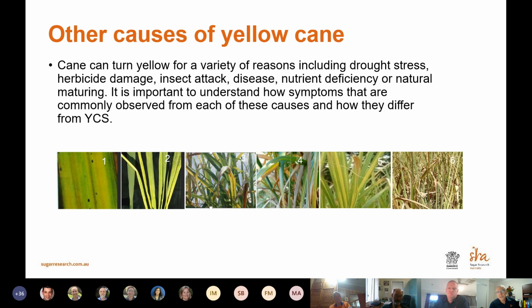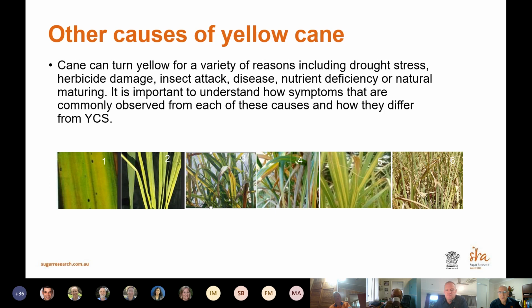So here we have 6 images, labelled 1 on the left through to 6 on the right, and it's got leaves with different amounts of yellow, or different types of yellow, I should say. And if I asked you to identify which of those was YCS, I think you probably would have some difficulty, because I'm having difficulty identifying YCS in there.